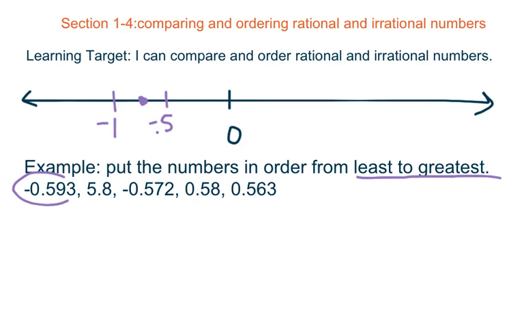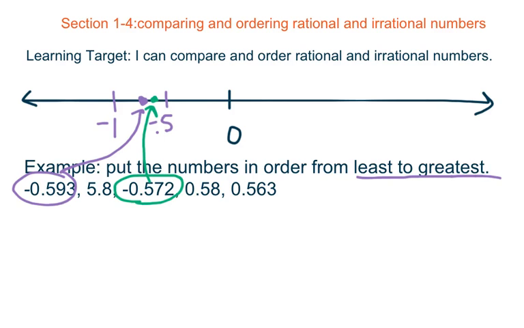So negative 0.593 will be there. So if I do negative 0.572, negative 0.572 is closer to negative 0.5. So we're going to put that one there.